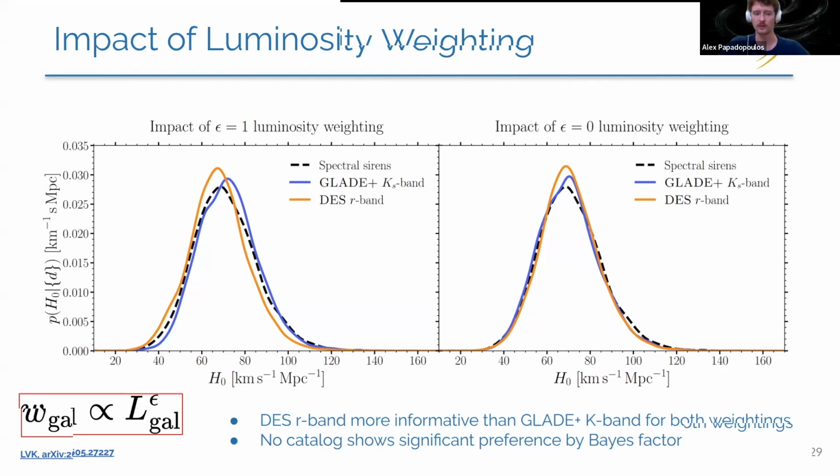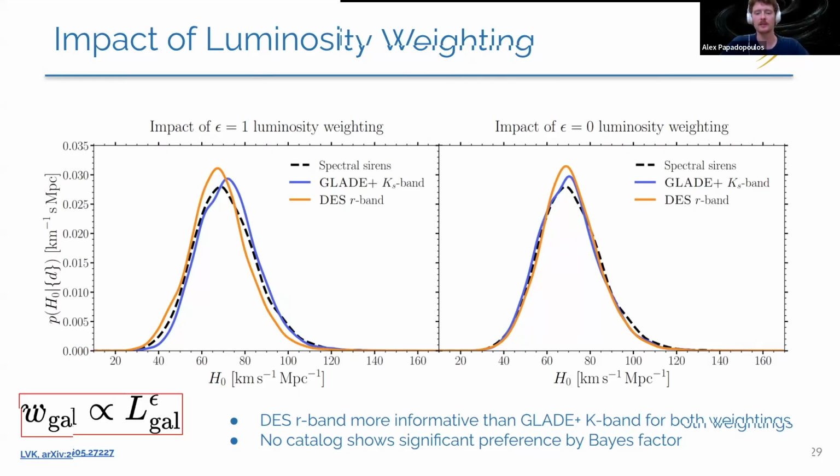For our fiducial results, we actually use epsilon equals 1, so the proportional to luminosity weighting case, which is on the left-hand side, the DES r-band curve, orange on the left-hand side. And you can see that in all these cases, the dark siren results, so the galaxy catalog results, have improved our constraints relative to the spectral siren, which is in the black dashed line.